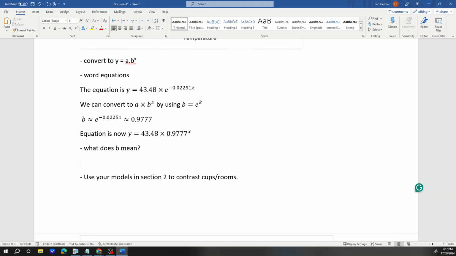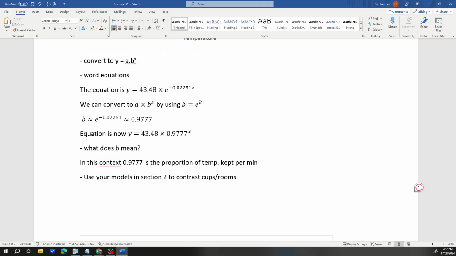Okay, in this context, 0.9777 is the proportion of temperature kept per minute.